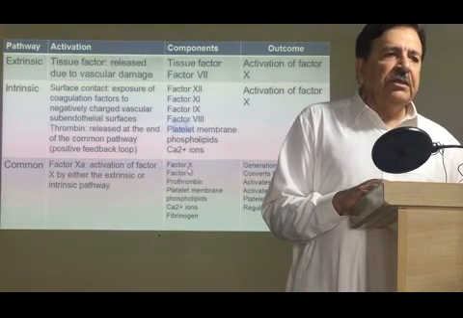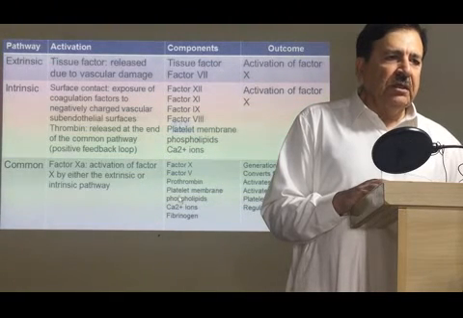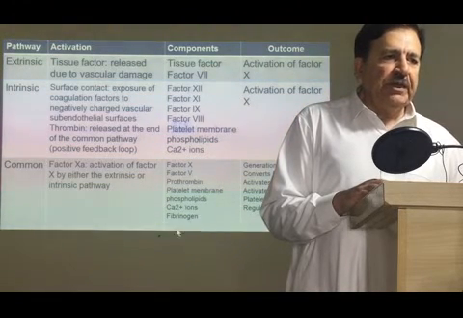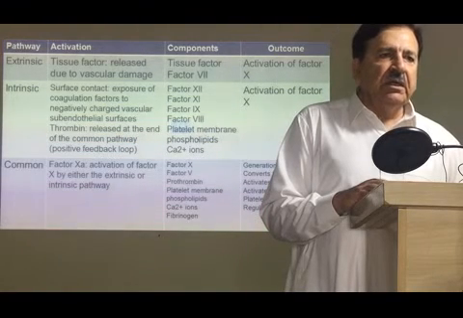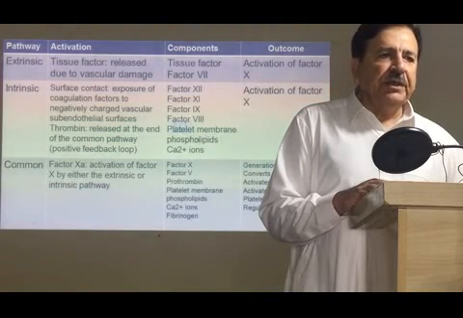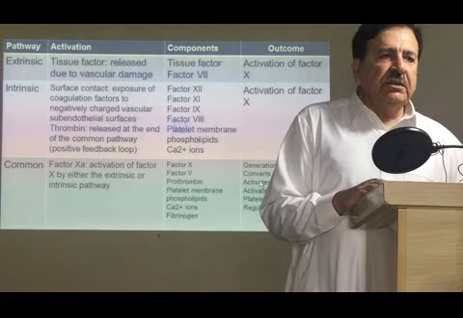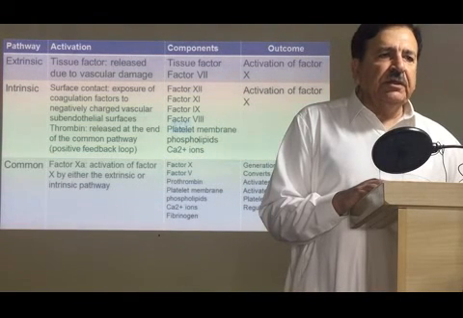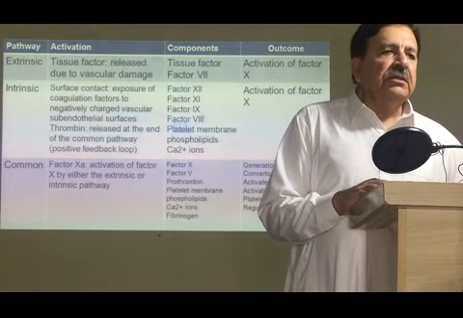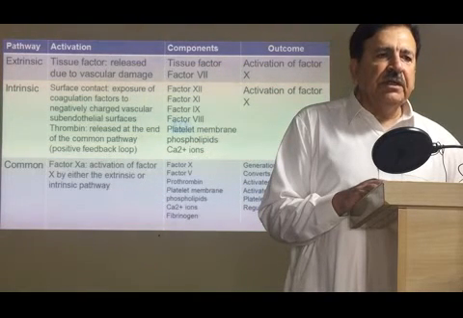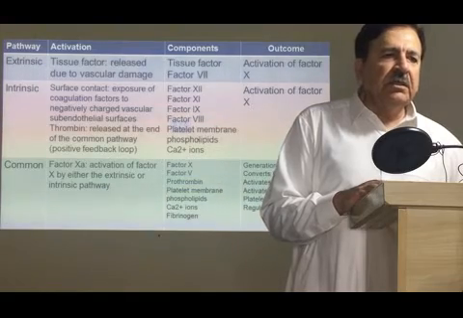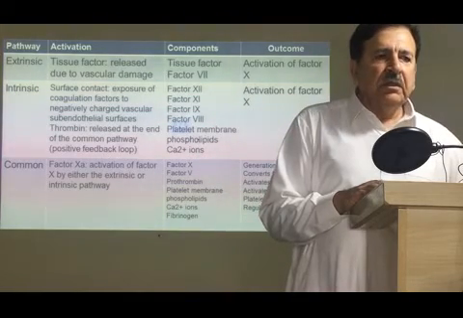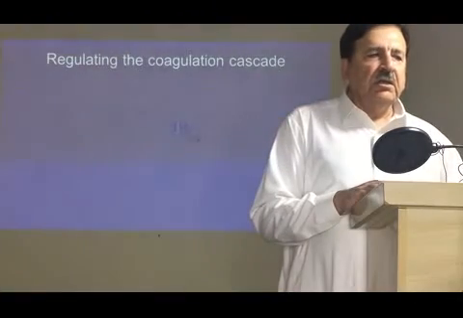Here activation involves factor 10, factor 5, prothrombin, platelet membrane phospholipid, calcium and fibrinogen, and generation of thrombin converts fibrinogen to fibrin, activates the intrinsic pathway, activates factor 13 and platelet activation, regulation of clot formation.